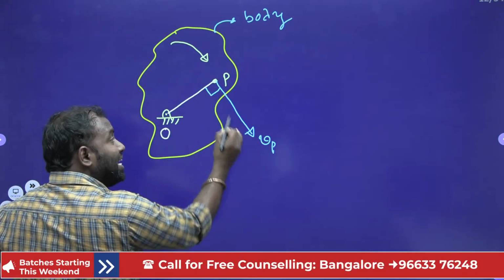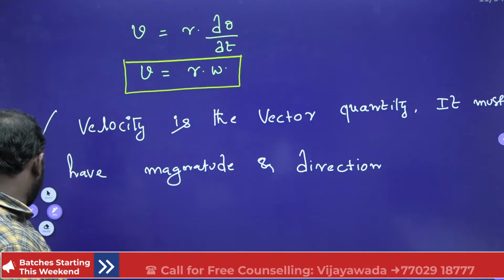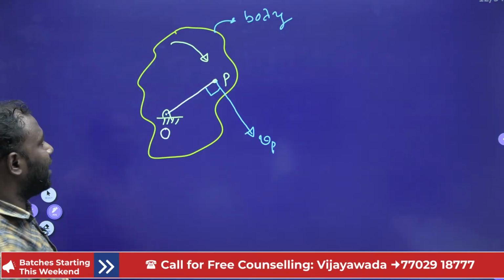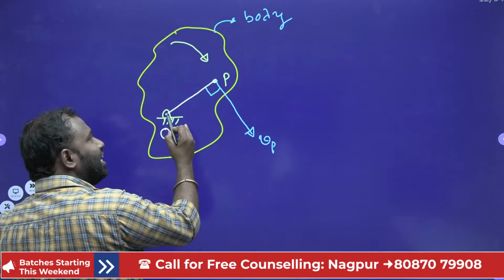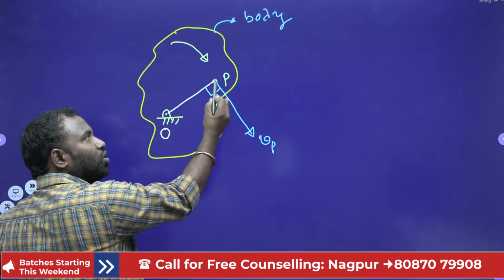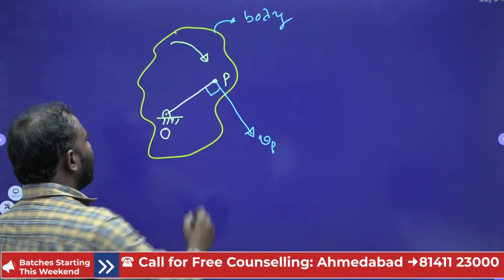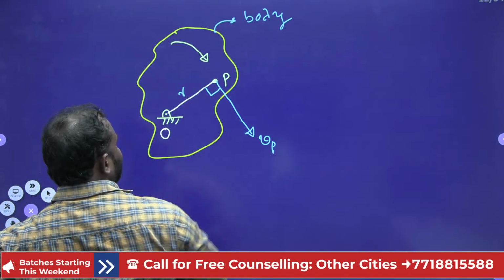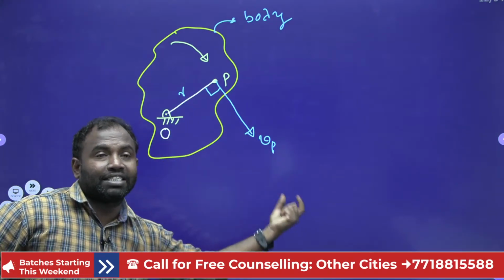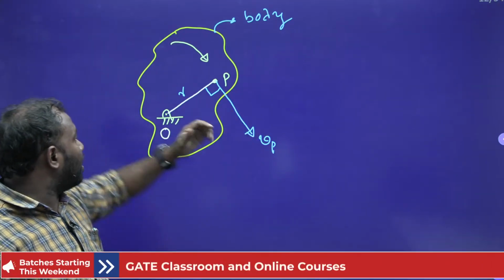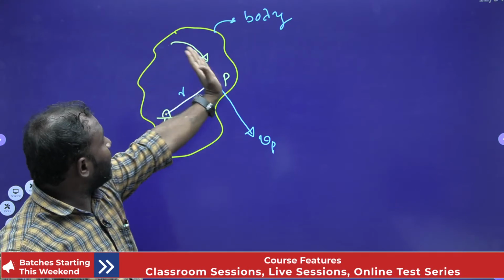Whatever linear velocity we have derived, that linear velocity is exactly perpendicular to the radial distance from the center of rotation to the particle. This distance we call r. So my linear velocity is perpendicular to the radial distance between the axis of rotation and the particle.